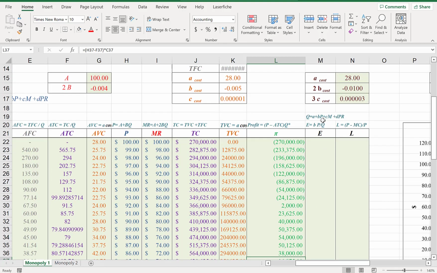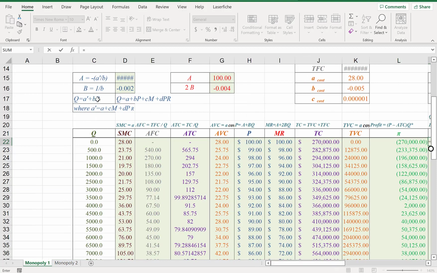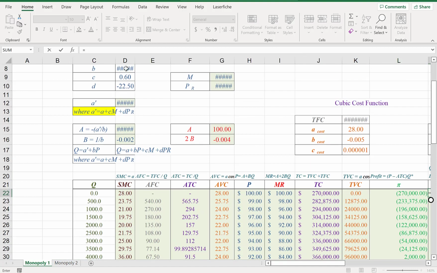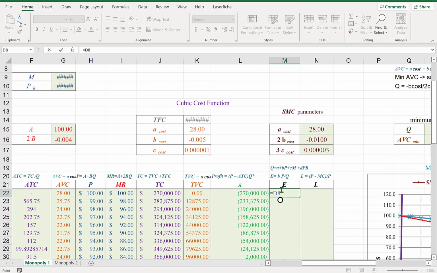Okay, so this is elasticity. Let's calculate elasticity and Lerner index. Elasticity is b. Where is my little b? b is up here. Grab this number. I'm going to fix this, put a dollar sign, I don't want this to change.